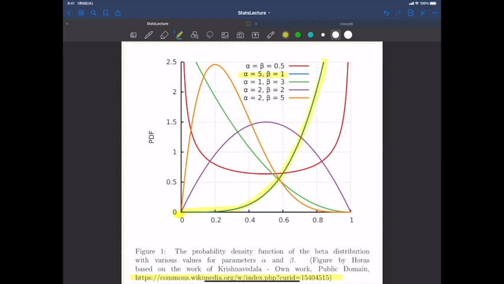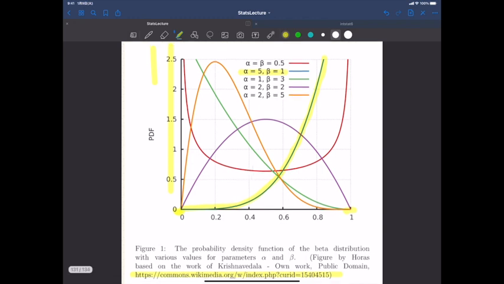And when x is close to 1, the density is very large. If you look at these values, it can be greater than 1. But still, if you integrate this function, the value of the integral is always less than or equal to 1.